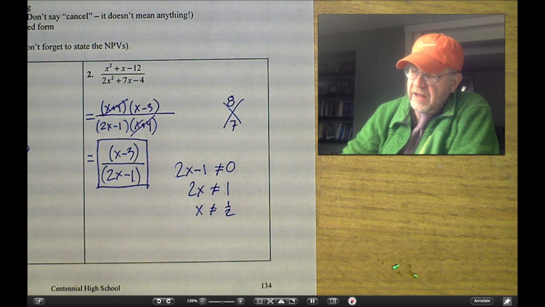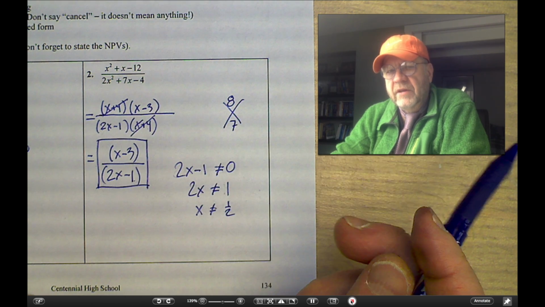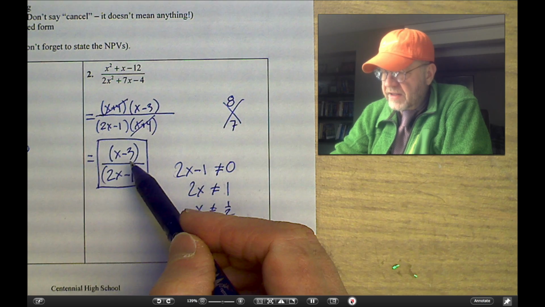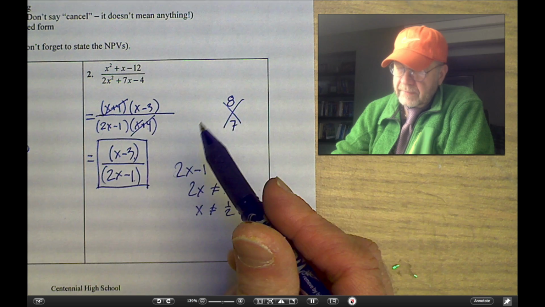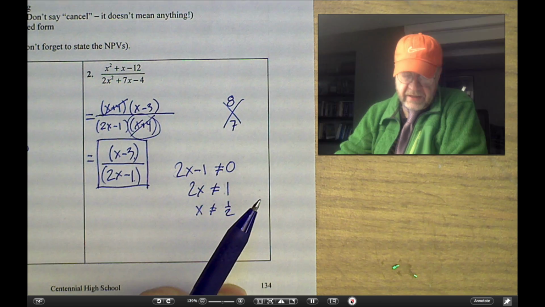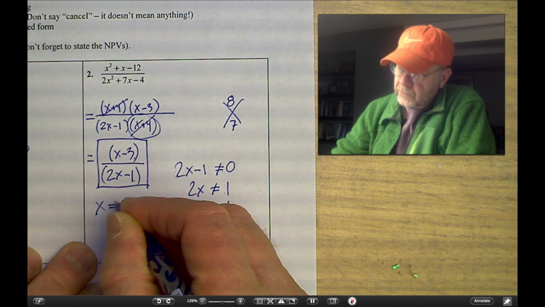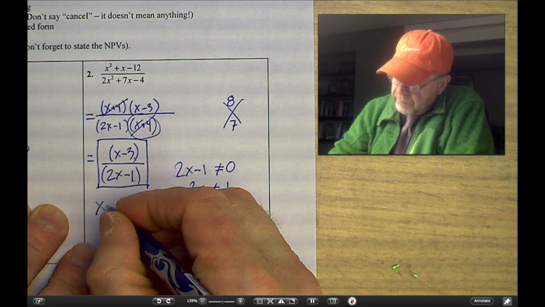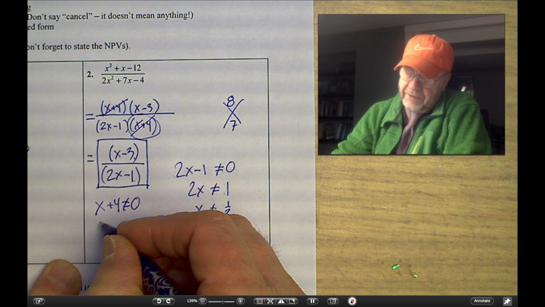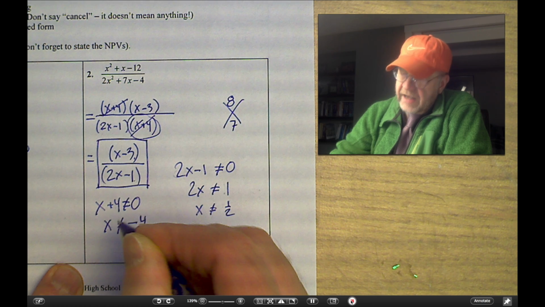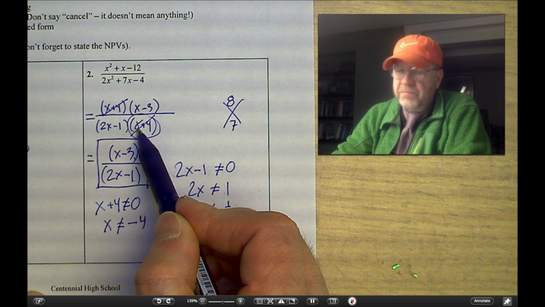But there's another. You have to look at all different forms of the expression, because this equals this equals this. And so look at that term right there. x plus 4 may not equal 0 either. x may not equal negative 4, because if x does equal negative 4, then you get a 0 in this expression, which is perfectly valid.